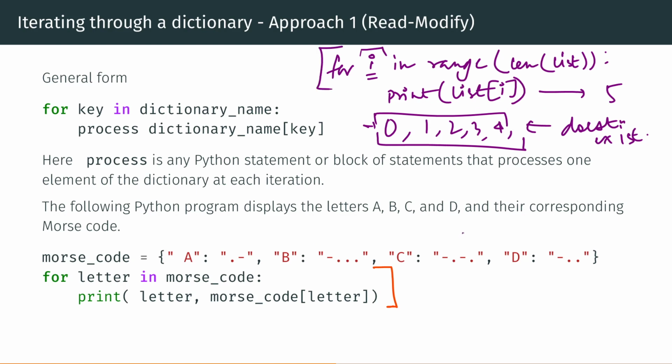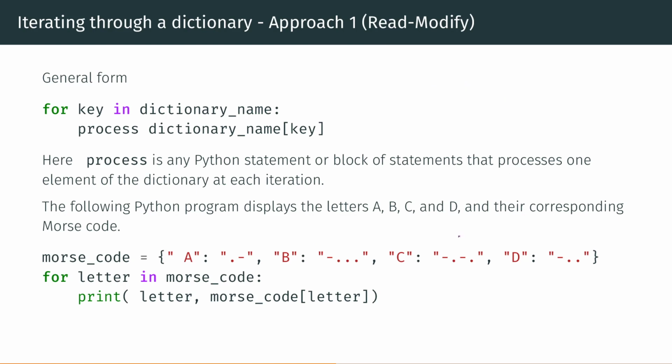Otherwise you have to use this format right here, which is for every key in the dictionary, process. The process can be any function you want. In this case, it's print. You can also do other stuff with it. It can be an expression. So for every key in dictionary name, process the value, and that's how we access the value in a dictionary, the value corresponding to a key.